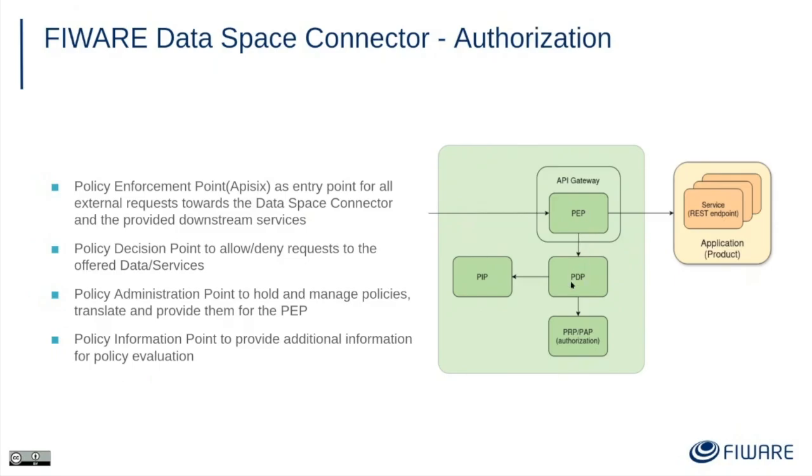The actual decision on policies is happening by the policy decision point, and the policy decision point is the service that evaluates policies, the ODRL policies that were registered for the certain route or service, and then decides if the request should be now denied or allowed. That's also the only information that the API gateway gets back. So it only gets information, should I allow or deny this request, and then it carries out that decision.